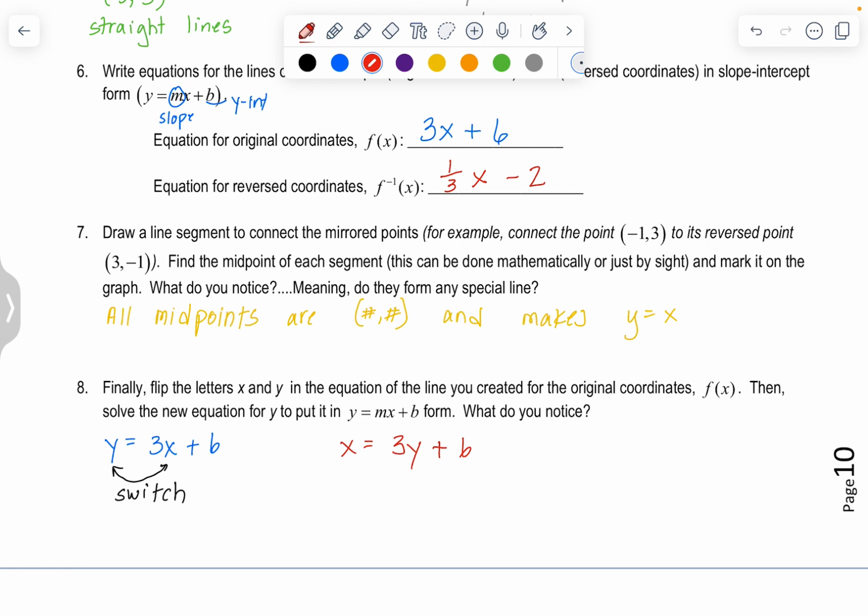All right, so now I want to solve this thing for y. The first thing I'm going to do is subtract 6 on both sides. So the left side is going to be x minus 6. The right side is going to be 3y. The next thing I need to do is divide everything by 3.